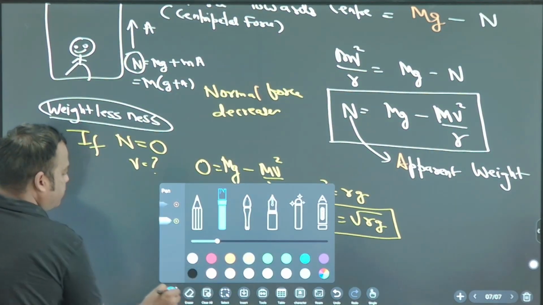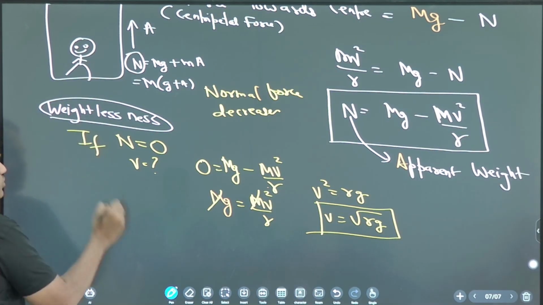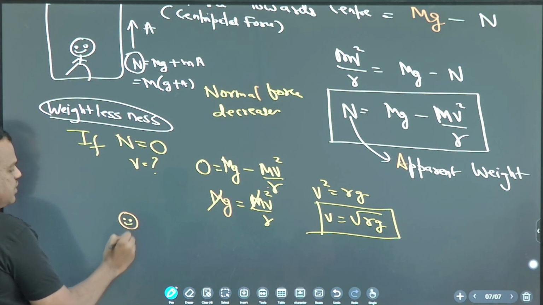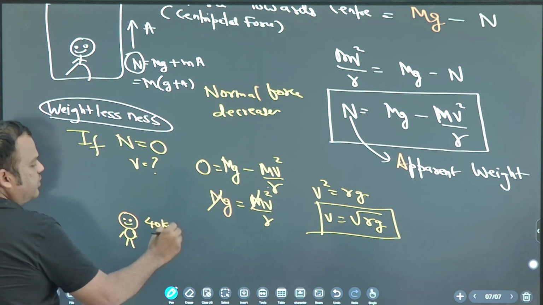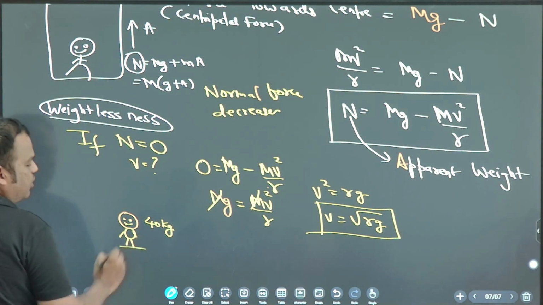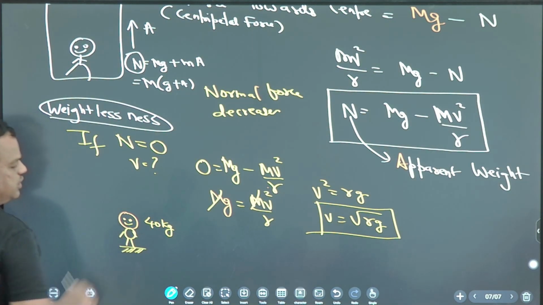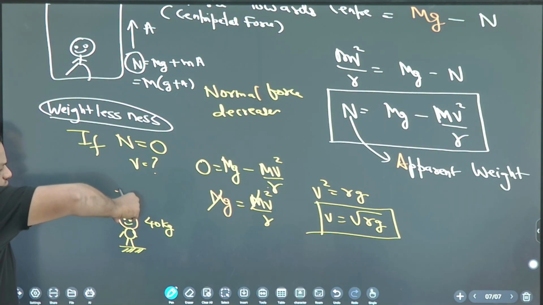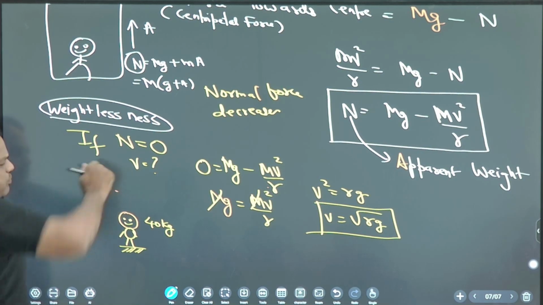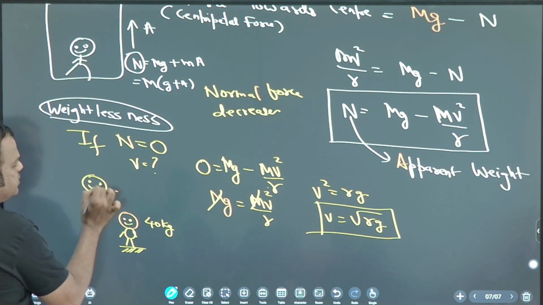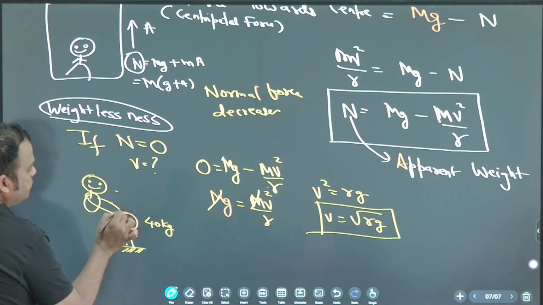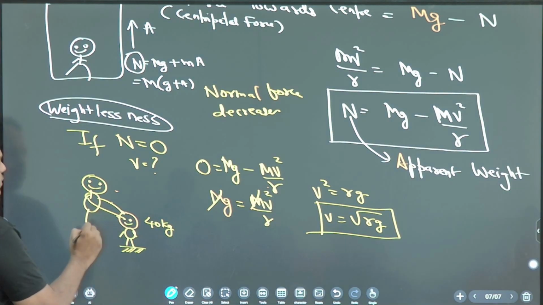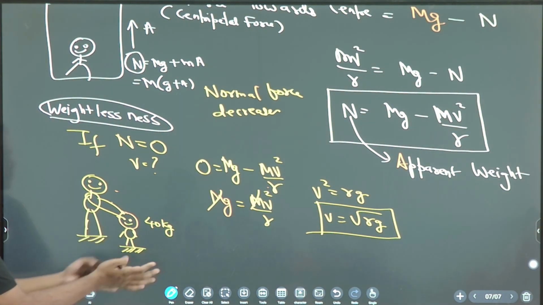Like, we have discussed this in laws of motion also. Suppose one small kid is there. The mass of the kid is 40 kg. So how much normal? Tell me. 400 Newton. But now some big person is holding the head and pulling it up.